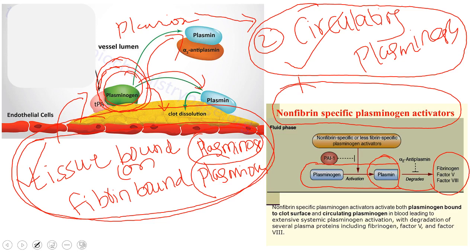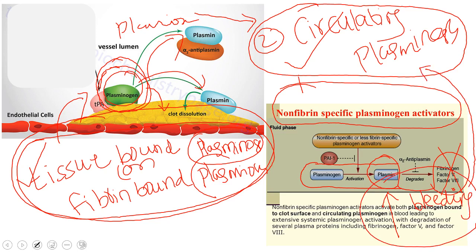So if you reduce these clotting factors, then the patient has increased risk of bleeding. This is the problem or disadvantage with those thrombolytics which are non-specific.